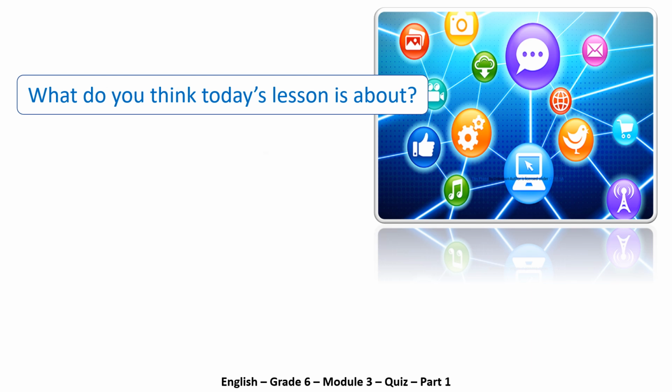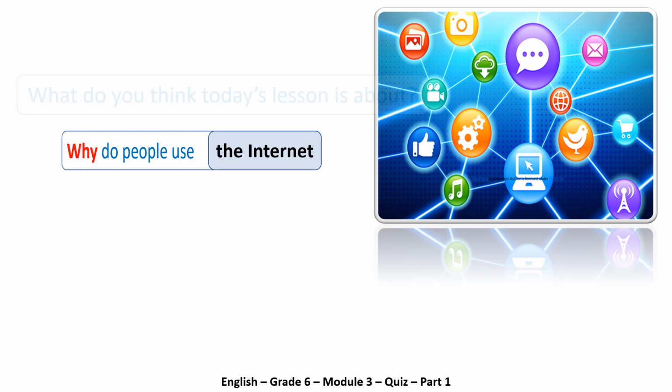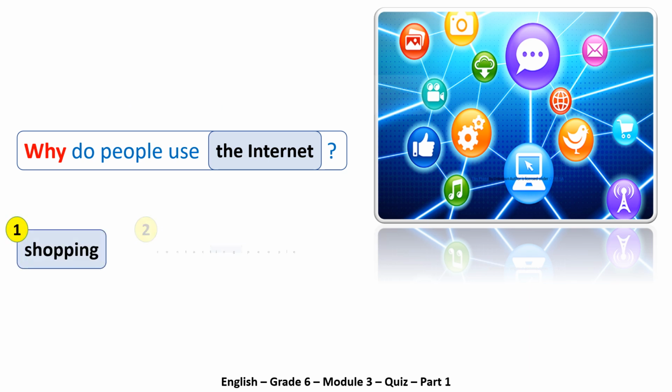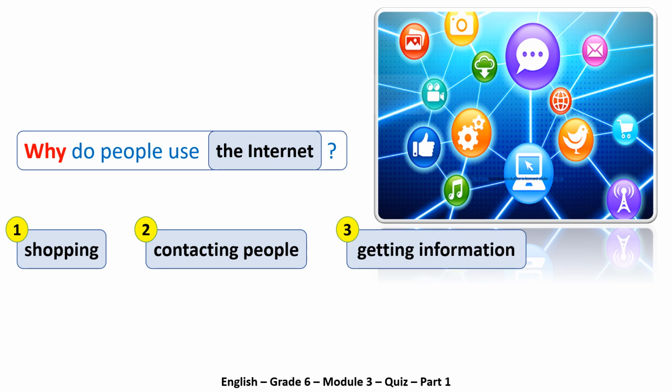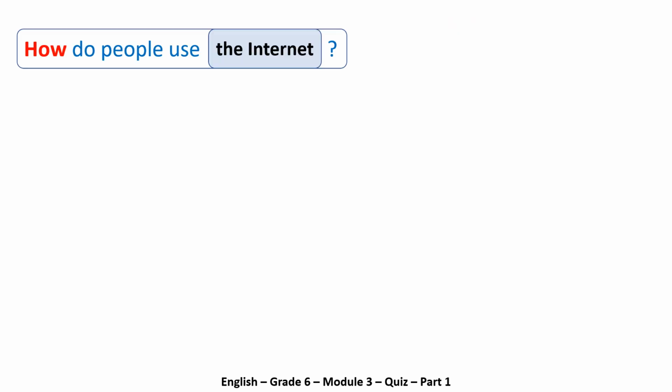Well done. It's about the internet. And here comes the next question. Why do people use the internet? Can you think about that? Of course. People use the internet for shopping, for contacting people, or for getting information.